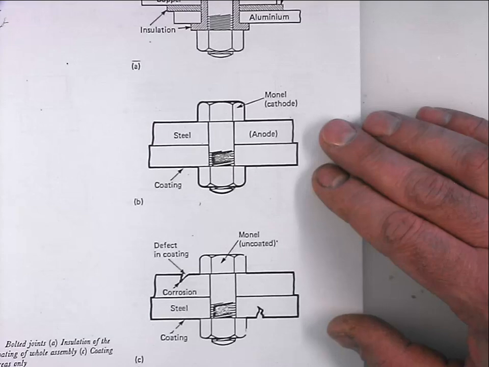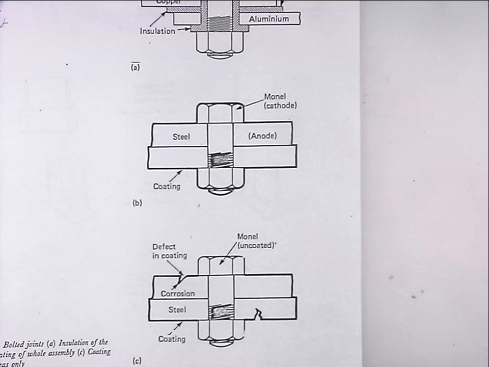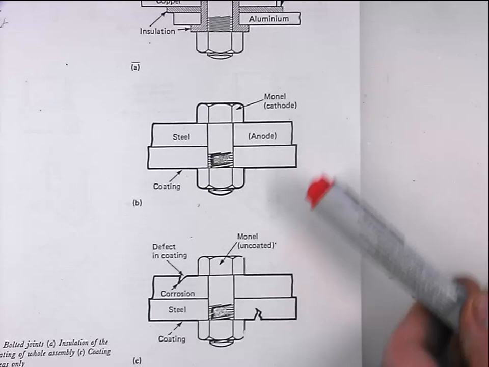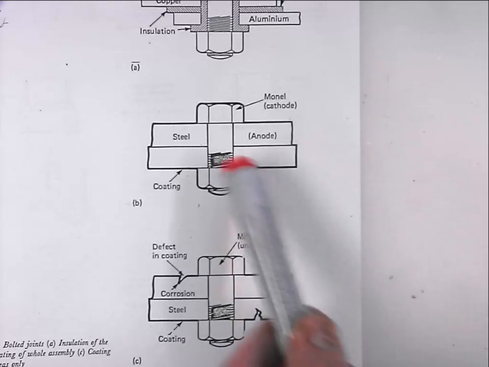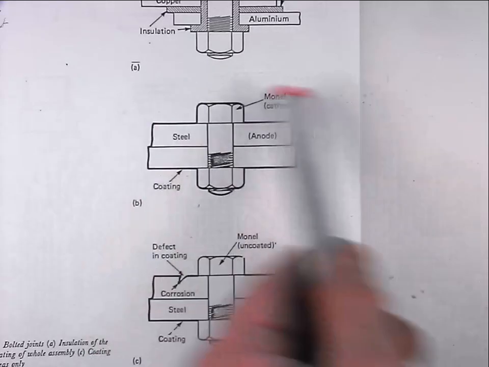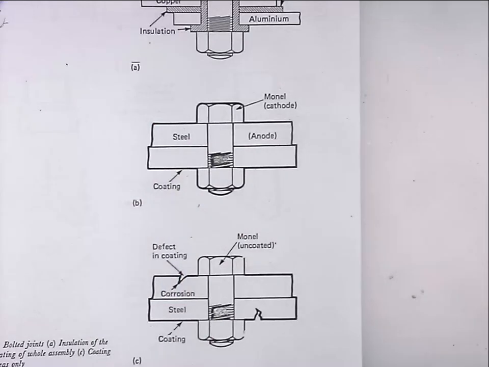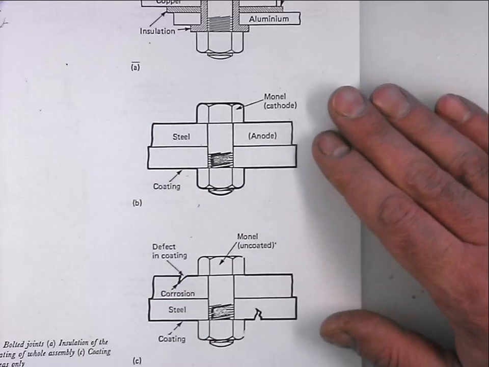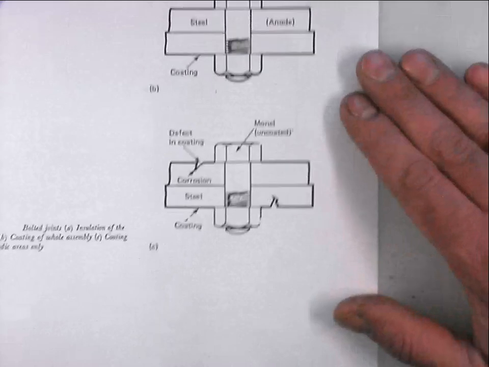The problems arise when the coating fails, and there is another alternative that quite often happens, and that is some components get painted and others don't. So it might be the panels get sprayed, coated, and the bolts that are bolting it all together aren't painted.